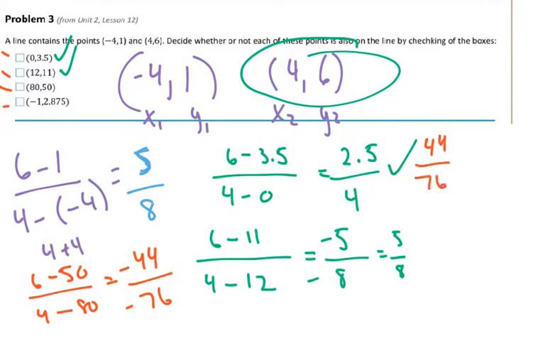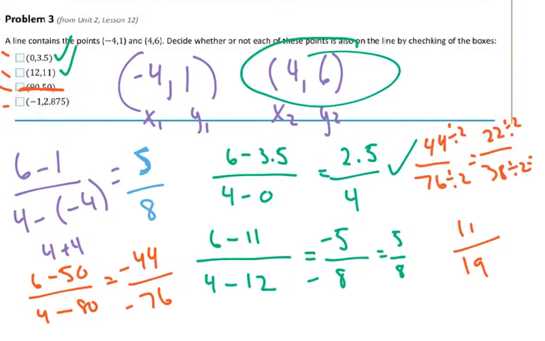What can I divide these by? Let's see, I can divide it by 2, right? To reduce them. And then I would get 22 over, what's 76 divided by 2? 38. I could divide by 2 again. And I would get 11 over 19. That's as far as I can go. So this one here, no good, no bueno, it will not work.